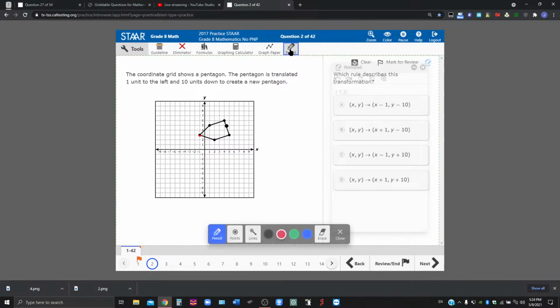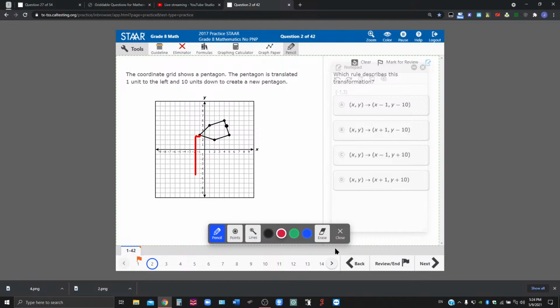Now I'm going back to the pencil, and you can actually draw on the screen, say 1 unit left, then 10 units down: 1, 2, 3, 4, 5, 6, 7, and 8. So that's my new point. We are going to need to move 10 units down, I'm sorry.